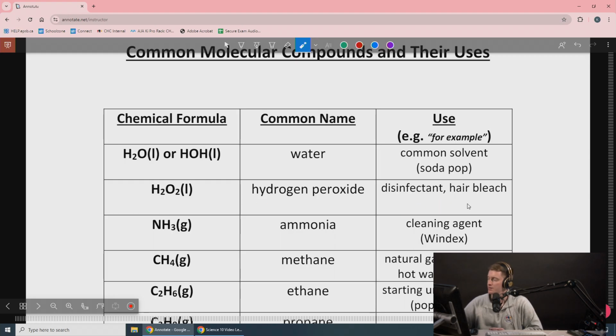It's also used in hair bleach, as it's written here. If you're naming hydrogen compounds kind of like an ionic compound, where you just say hydrogen and then whatever this anion would be, then you'll actually find peroxide is in your table of polyatomic ions as O2, 2-. So you might actually come to the name hydrogen peroxide on your own.